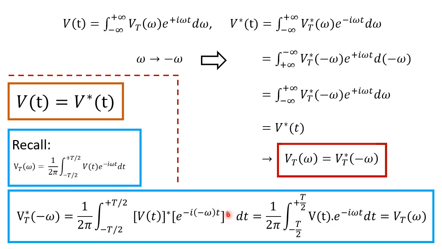Here I have taken the star, but I have taken omega to minus omega, and you rearrange all this, what you get is precisely this form, right? So because my Vt star is same as Vt, I get back this exponential minus I times minus omega, and then the complex conjugate, I get back to minus I omega t, which precisely is the definition for Vt omega. So there are multiple ways of looking at the same thing, but you can arrive at the same result.